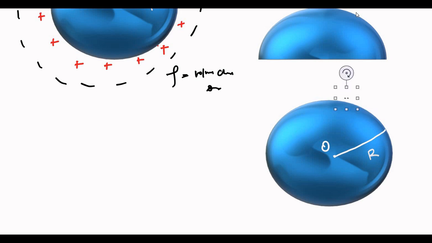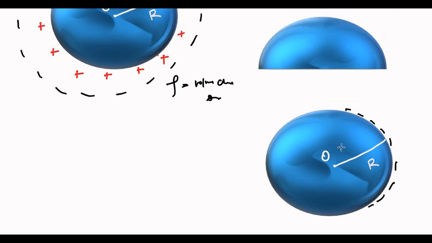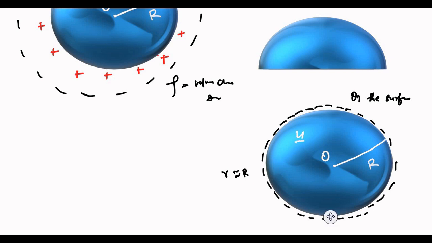So we pick a Gaussian surface very close to the surface of the sphere, where the distance of this Gaussian surface from the center, r, is nearly equal to capital R. Here also the entire charge Q, because of the entire volume 4 by 3 pi R cube, will come into play.